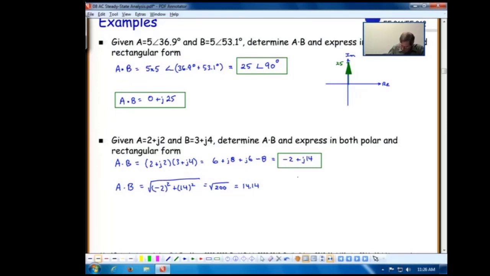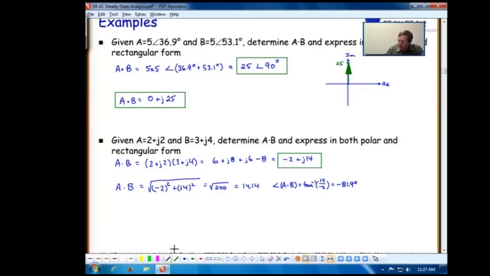And then the angle of A times B would equal inverse tangent of imaginary 14 over real minus 2, which by calculator solution is negative 81.9 degrees.